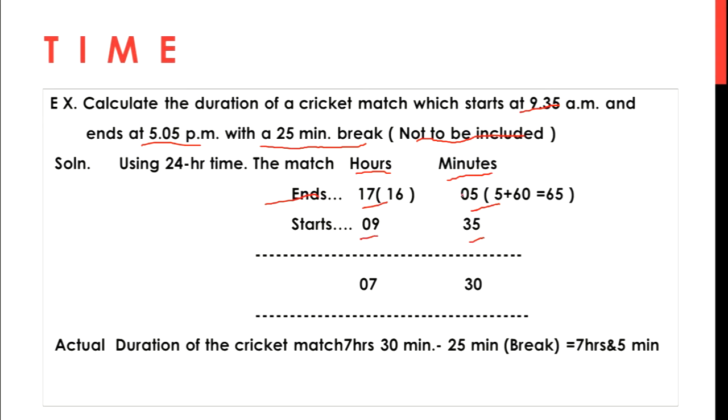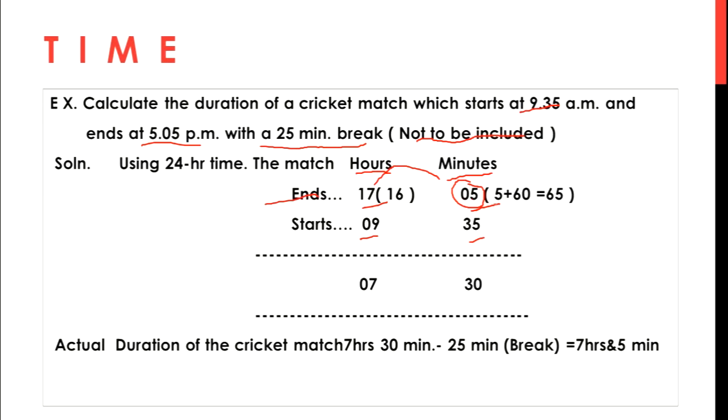Children, here you cannot subtract 35 from 5 minutes. So what we do is carry 1 unit from hours to minutes. But it is not 10 as generally happens in mathematical calculations. Here 1 unit gives you 60 minutes directly.